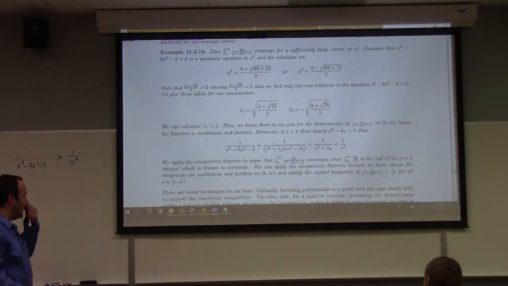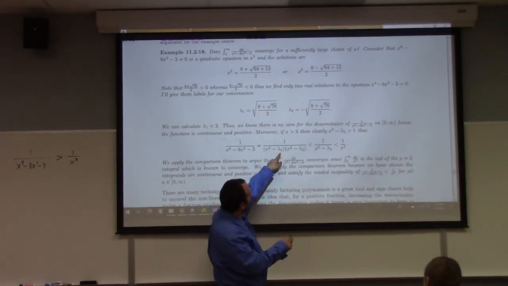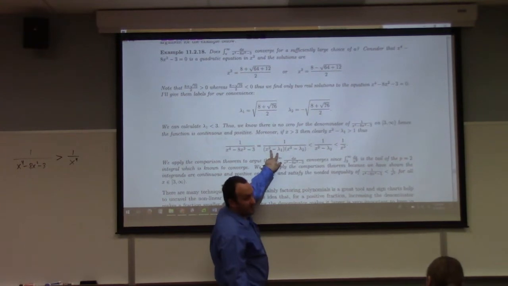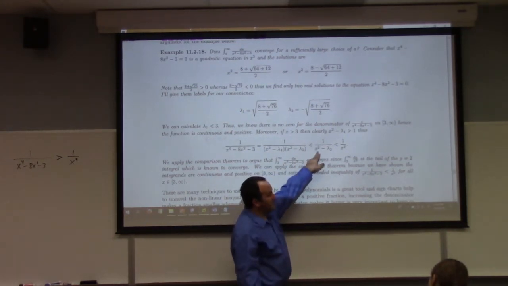But here's the thing. If you're beyond 3, right, then x squared minus lambda 1 is larger than 1, right? So I can trade this quartic, bounded above by what? By this quadratic.